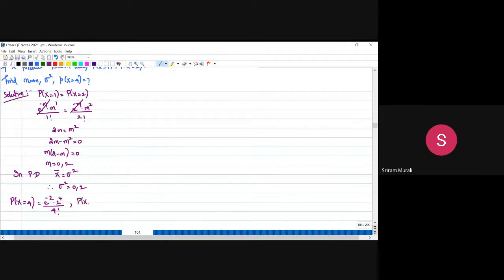Only x is equal to 4 is required. E power minus 2 value will be given in the question paper. Otherwise, ignore.